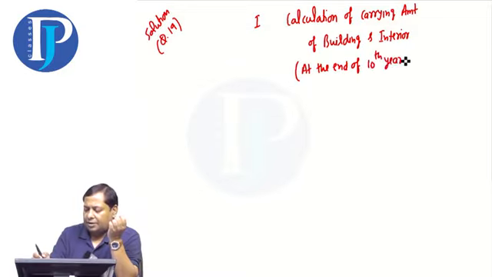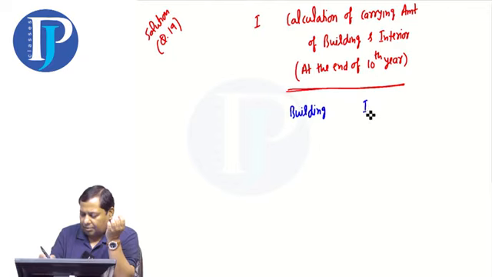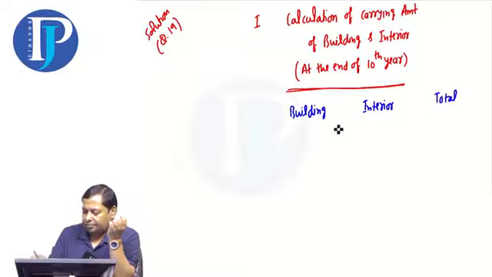And what happens at the end of 10th year? First column will be building. I created the next column as interior. I have made the next column total. Building, interior, total.